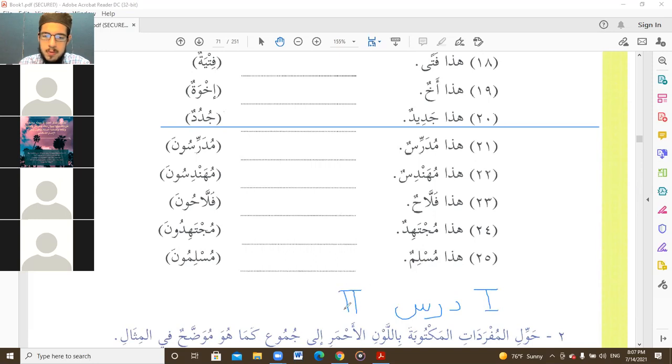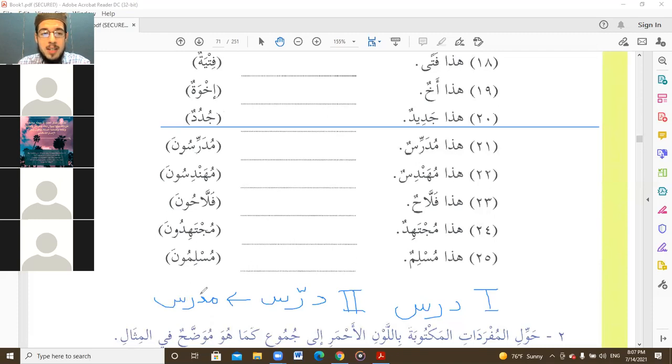Form 2 verb is we double that middle letter to make it transitive. It means someone who makes someone else study, which is a teacher. Darrasa, yudarrisu. Okay. Now let's say we want to make the person who does that action, the ism fa'il, it is on the wazn of, or on the pattern of mufa'il. So in this case, mudarris.